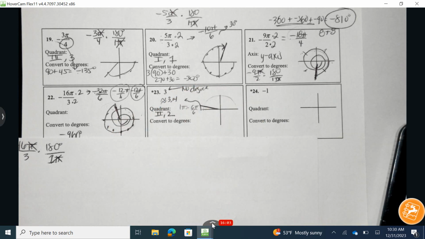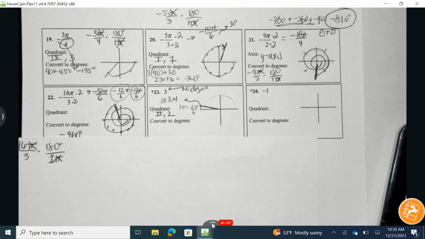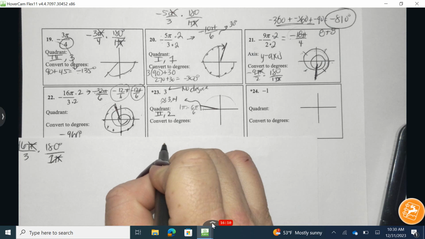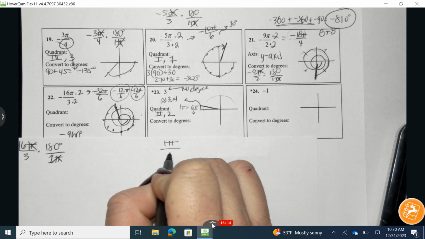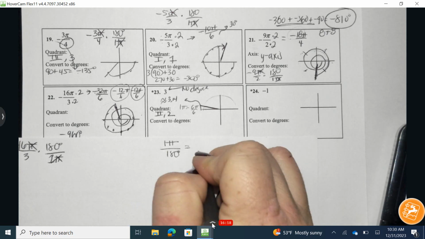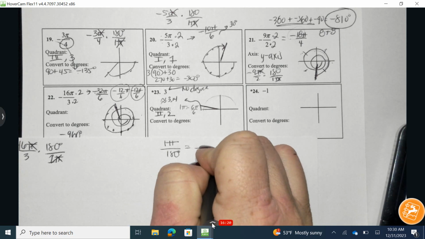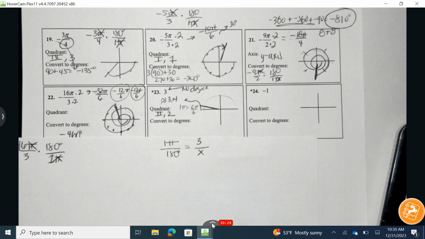Now, how can I convert this into degrees? This is not degrees. We see no degree symbol. What I know is that 1 pi is equivalent to 180 degrees. And I want to figure out, what is this degree measurement? I don't know the degree measurement, but I know that we have a measure of 3. I know we have a measure of 3.